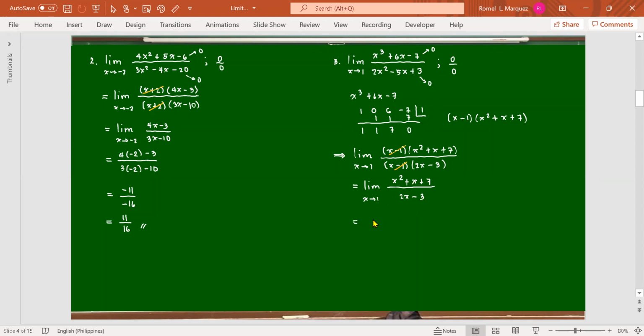So we can apply direct substitution here. 1 squared plus 1 plus 7 all over 2 times 1 minus 3. So this is equal to 9 over negative 1, or simply negative 9. Get it, guys?